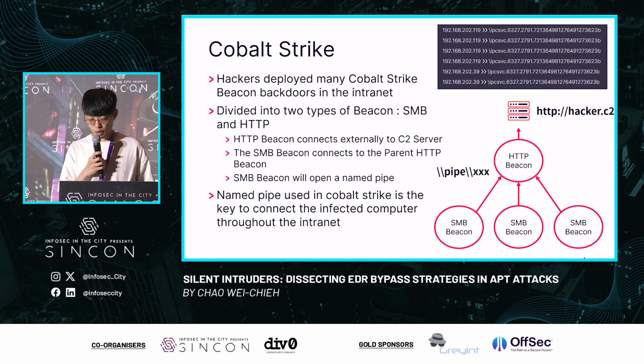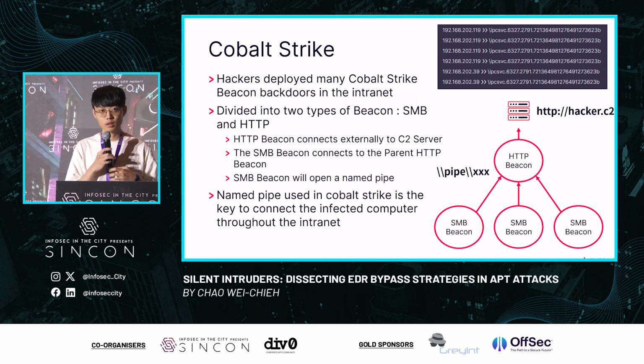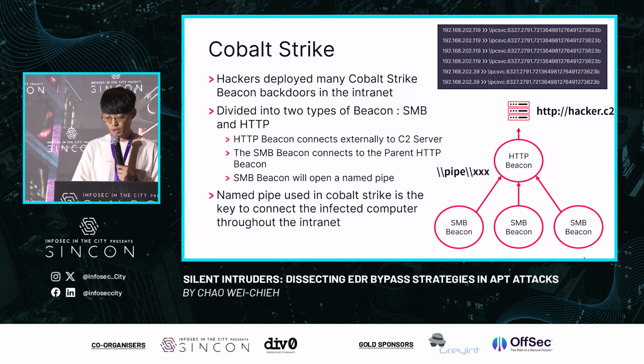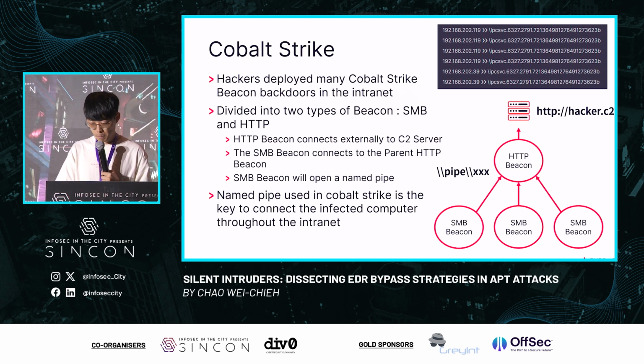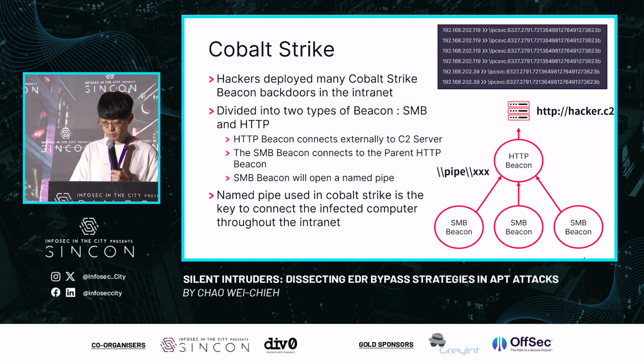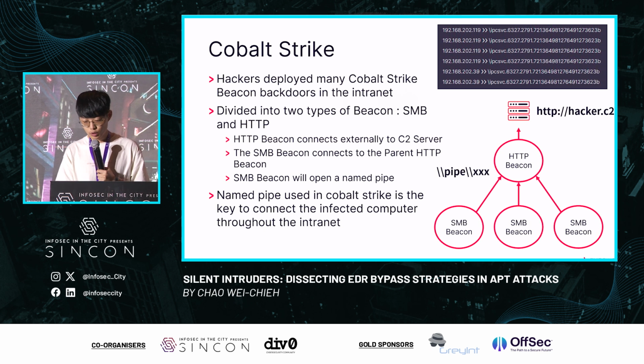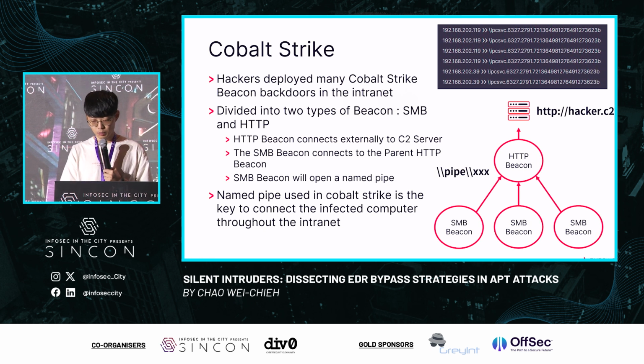Okay, so finally, the malware will deploy Cobalt Strike as a backdoor and connect back to the C2 server. The attacker here used two kinds of beacons in this case: one is the SMB beacon, and the other is the HTTP beacon. They work like a master and slave, whereby the SMB beacon will connect to the HTTP beacon using a named pipe, and then the HTTP beacon will connect back to the C2.